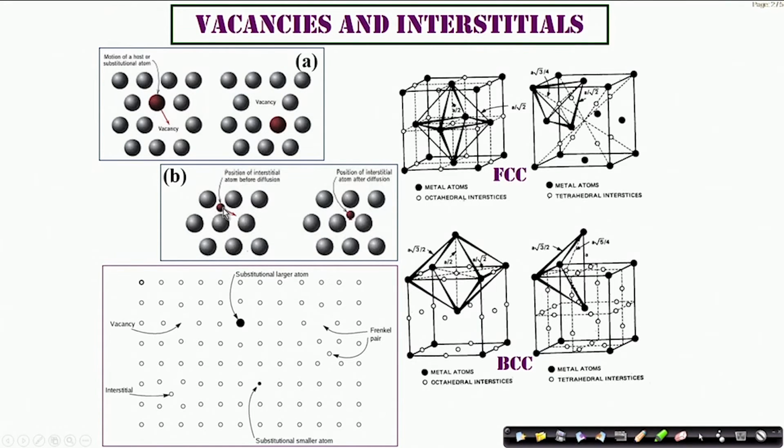So the probability of jump of an interstitial atom to its next position is always higher, and hence the activation barrier for diffusion or solute transport for an interstitial atom would always be lower and easier compared to the situation where you are dealing with substitutional atoms.